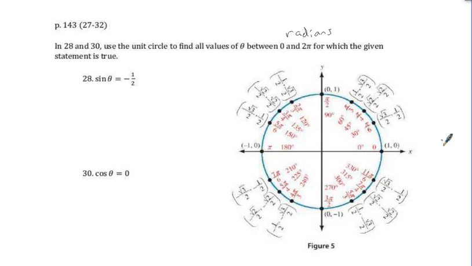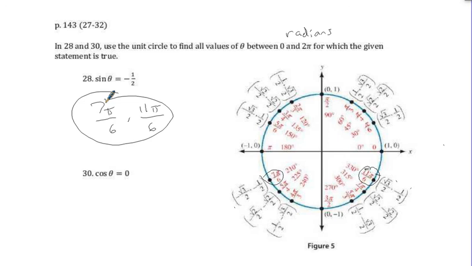Well, sine was the y value, and negative a half is here at 11 pi over 6, and sine is also negative a half here at 7 pi over 6. And since they wanted all of the values within a full rotation of the circle from 0 to 2 pi, that would be the answer.